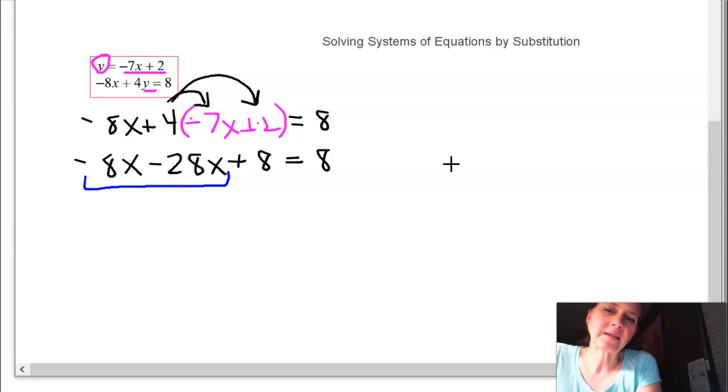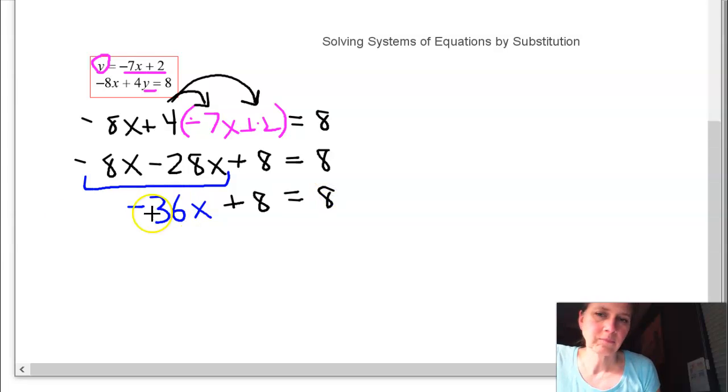So negative 8x minus 28x means I'm going to be at a negative 36x. And then I'm going to bring down that positive 8, and that equals 8. So again, I'm just bringing those down, the 8 and the 8. And now I'm going to continue solving. I can't combine this anymore with anything else.